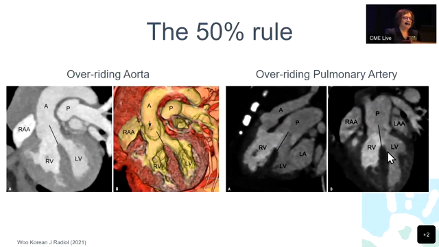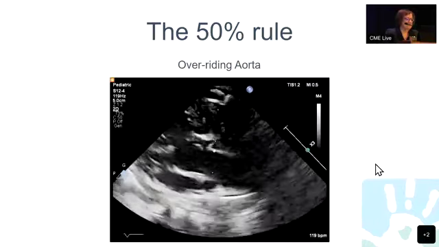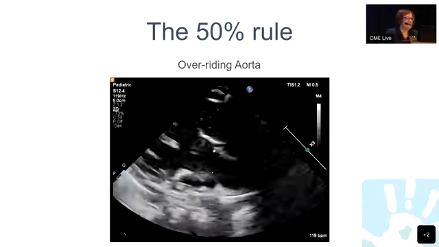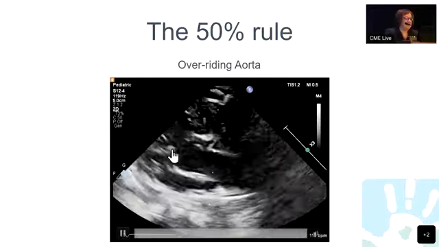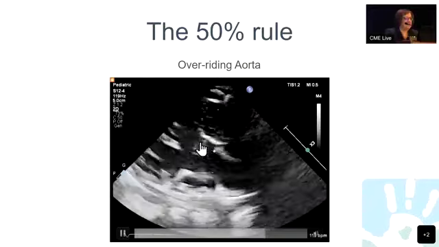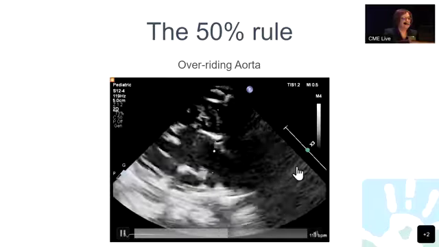Similar over here with the subpulmonary VSD, more than 50% of the pulmonary arterial trunk overrides the right ventricle, and the aorta comes off of the RV infundibulum. Here you can see a typical echo picture with the ventricular septum right here and the more than 50% override.